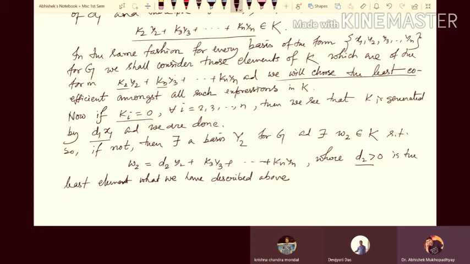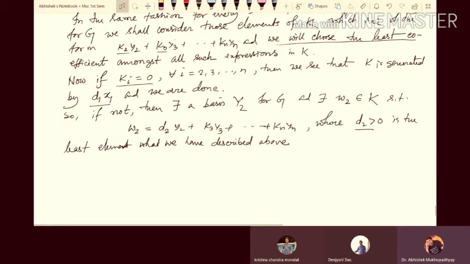So that we have described above. So exactly in the same fashion, above, and y2 is, so it is x1 y2 y3 yn.